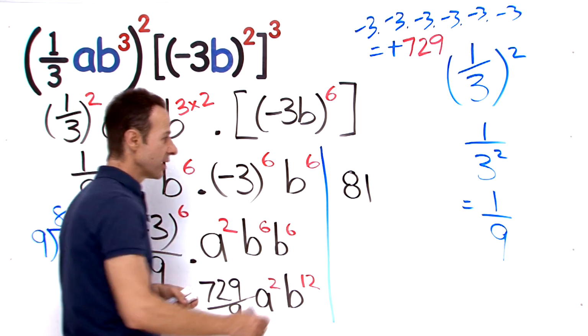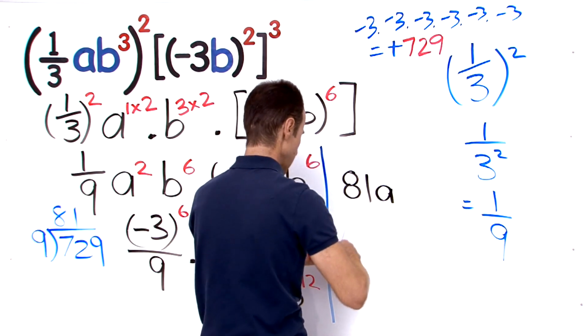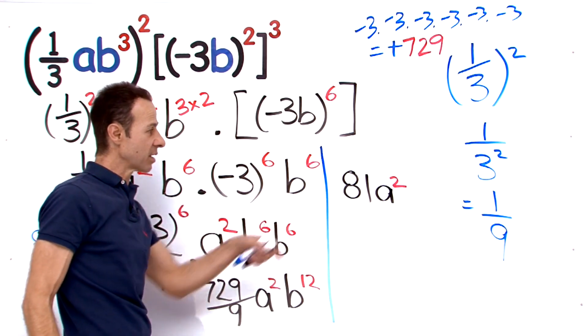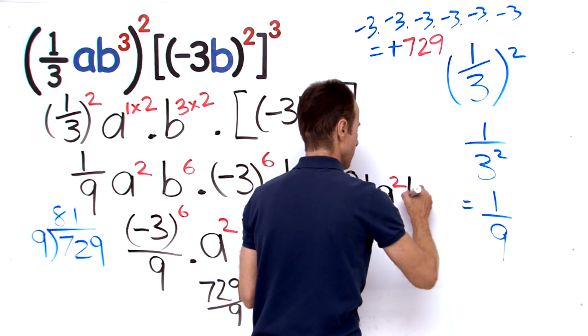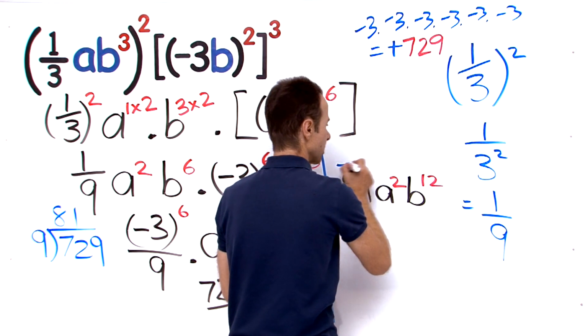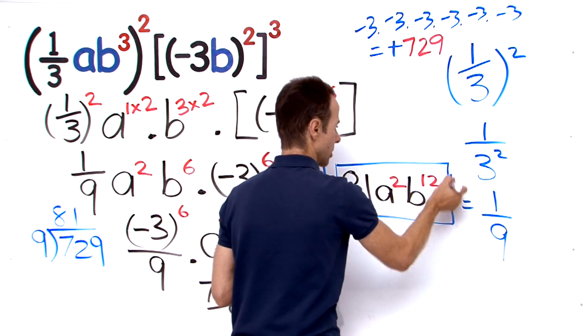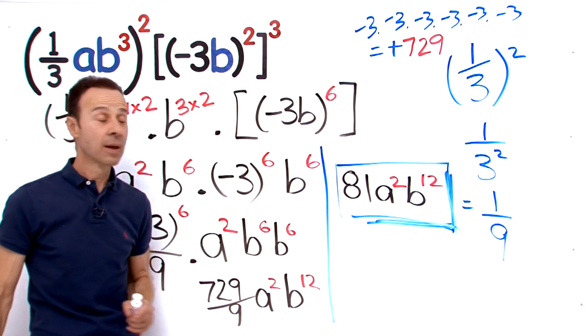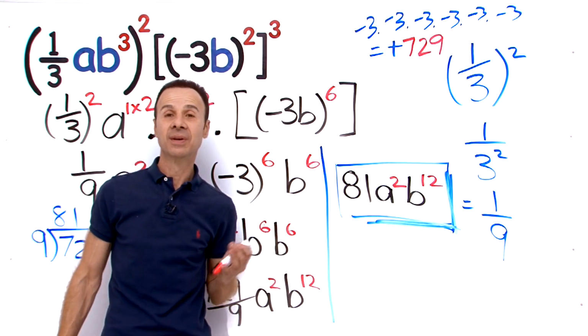Let's drag and drop it over there. And then we've got B to the power of 12. And that's our answer: 81 A squared B to the power of 12. There you go.